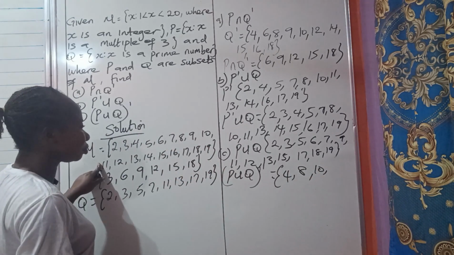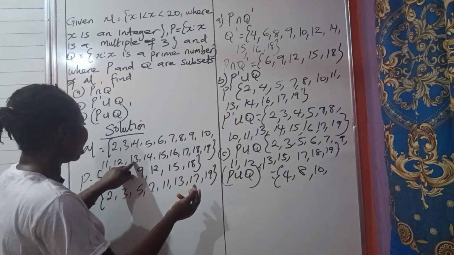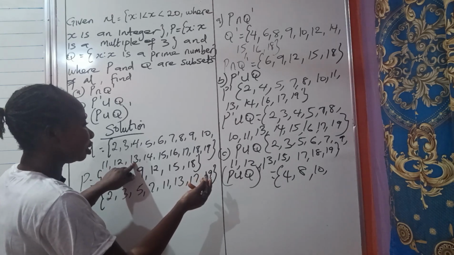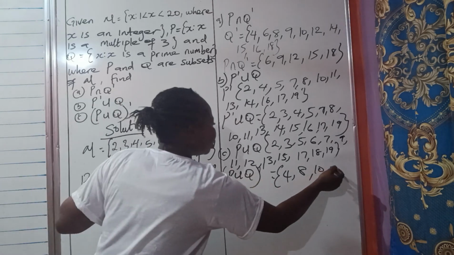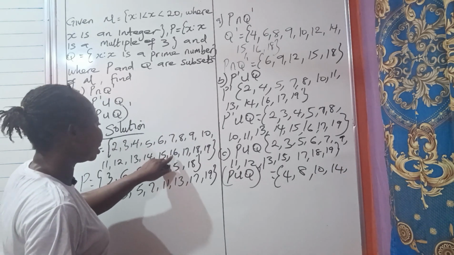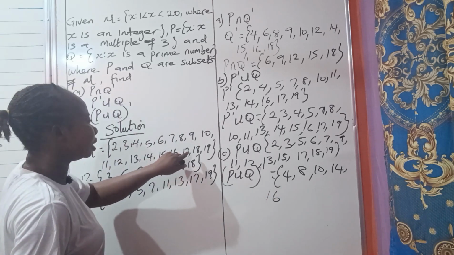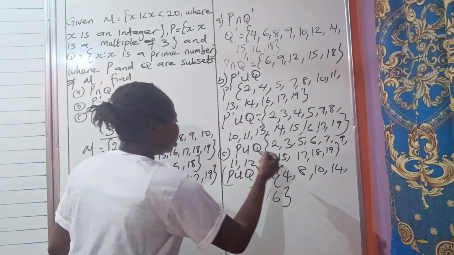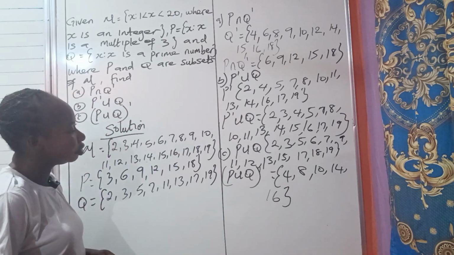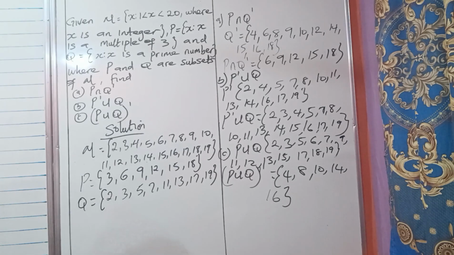Followed by 11, 12, and 13. 14 is not there, so we have 14. 15 and 16 is there. Then 17, 18, 19. This is the P union Q prime.